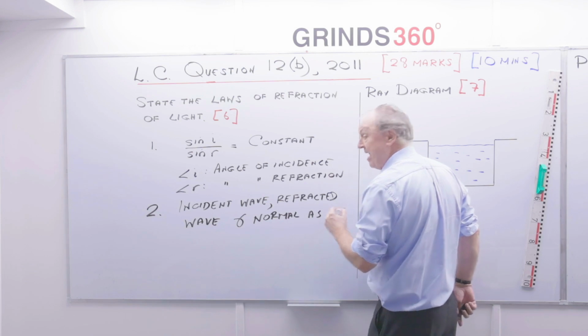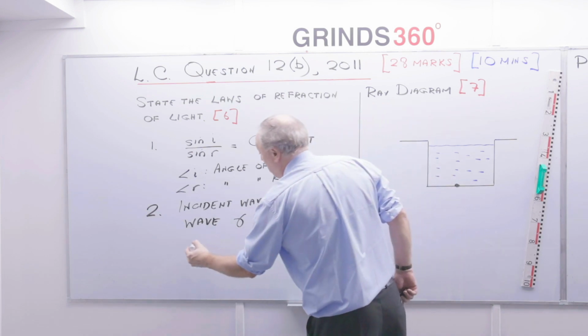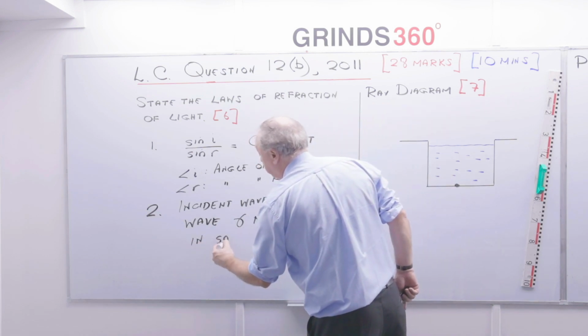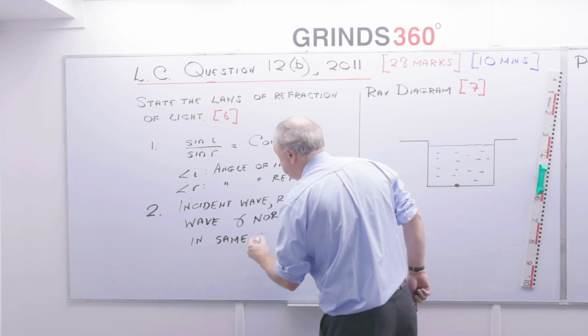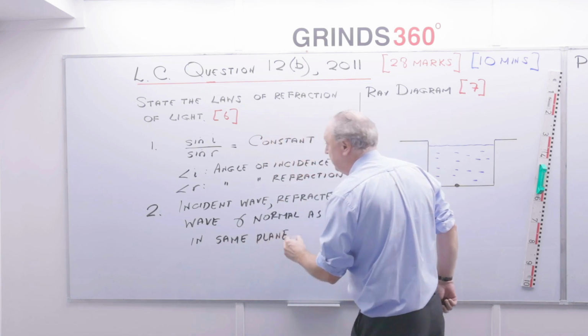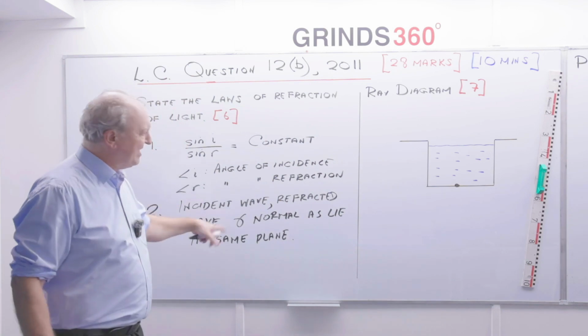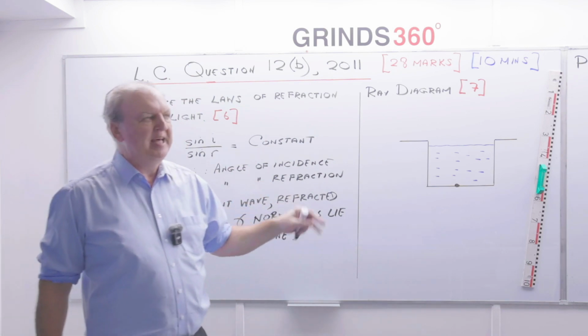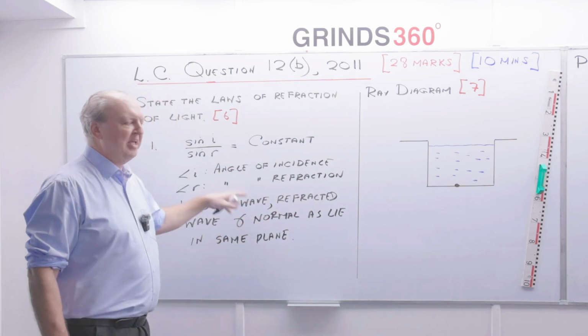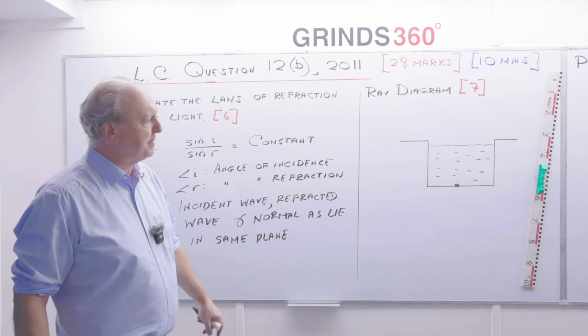I explained what that meant during one of the lessons. All lie in the same plane. There's going to be 3 marks for each of those, so it's very important to remember that second part. It's not just Snell's law, it's Snell's law plus this thing about them all lying in the same plane.